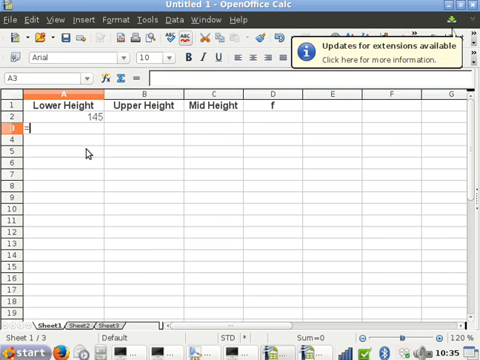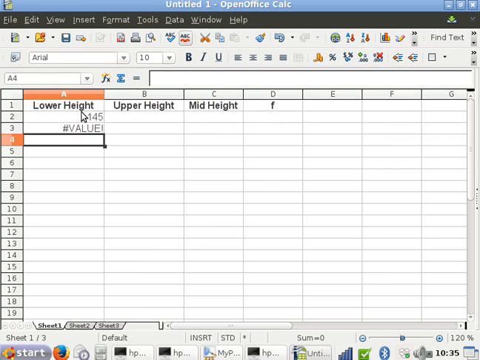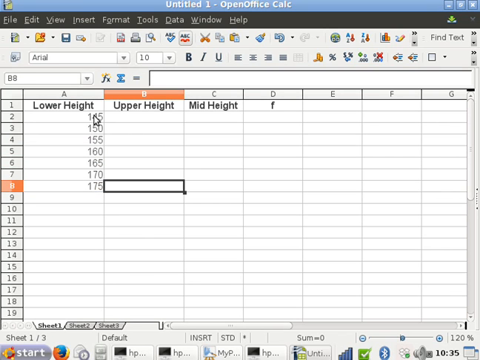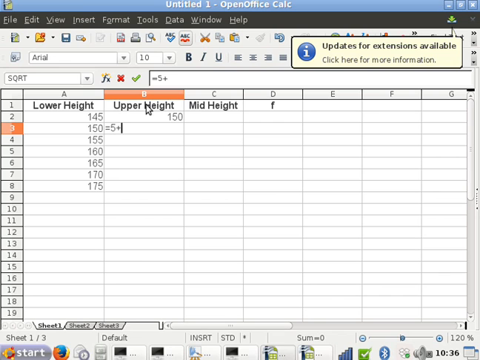145, and it goes up in 5s, yeah? 150, 155, 160, 165, 170, 175, and this one here is 150, and then it goes up in 5s again. 155 all the way up to 180.